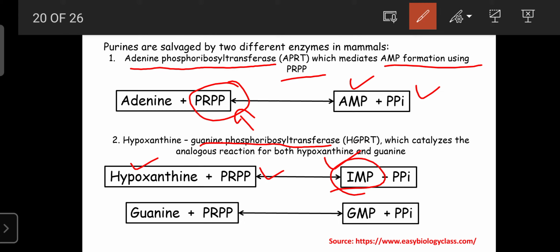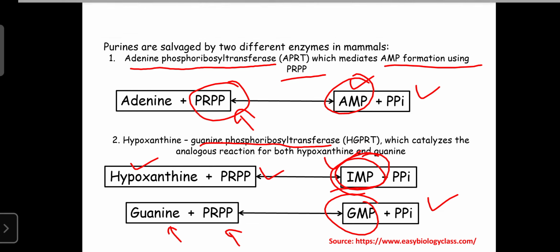It can utilize hypoxanthine and PRPP to form IMP. The same enzyme also utilizes guanine, initiating the reaction between guanine and PRPP to form GMP. So like that, AMP, IMP, and GMP are also formed from the salvage pathway. So these are the salvage pathway reactions for purine synthesis.